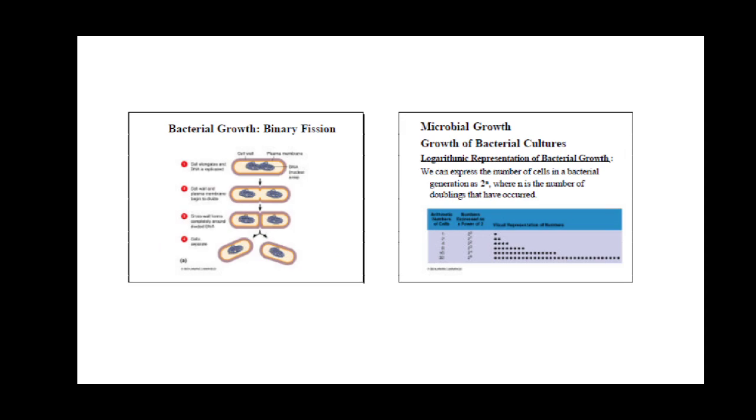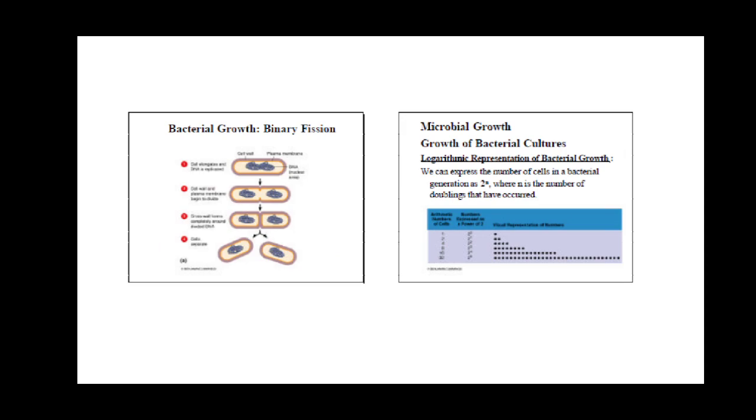In this manner we can represent the bacterial generation time, where n is the number of doublings that have occurred. So when 2 raised to 1, the doubling occurs once. When 2 raised to 2, the doubling occurs 2 times. So we can represent generations as 2 raised to n. So the number of bacteria we can count based on the generations.